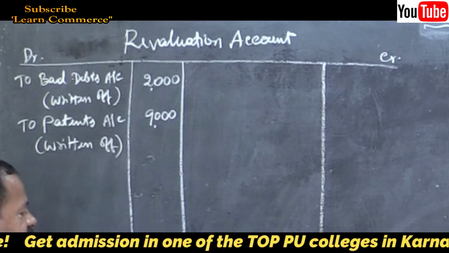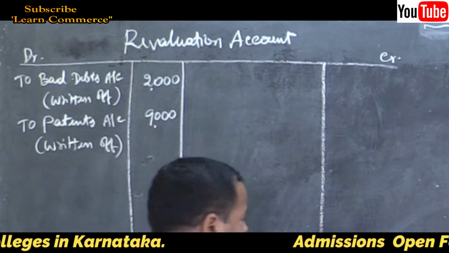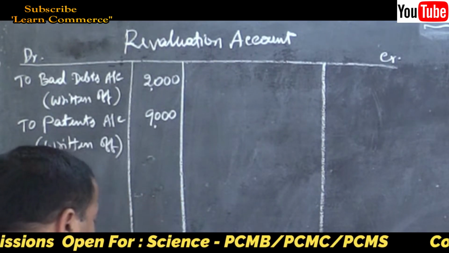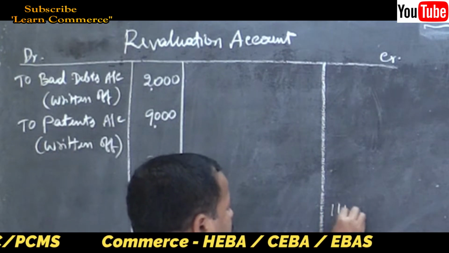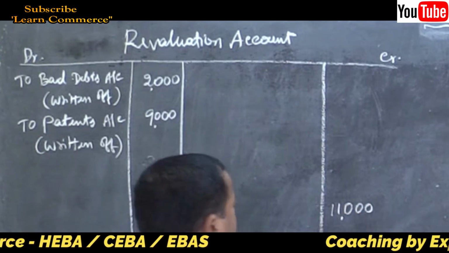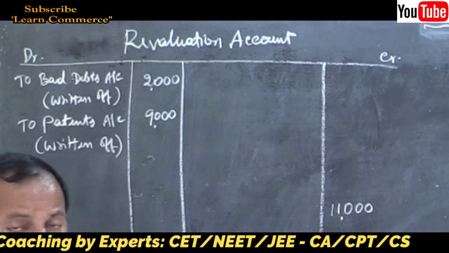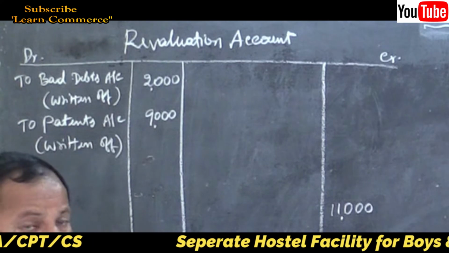So 11,000 is the debit side total. Write the same total on the other side, 11,000. That itself is the difference. Distribute it among all the partners, including the retiring partner, because the retiring partner was also there till the date of retirement.